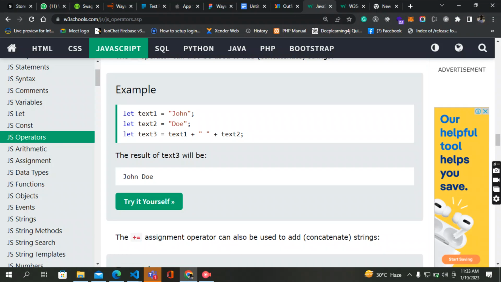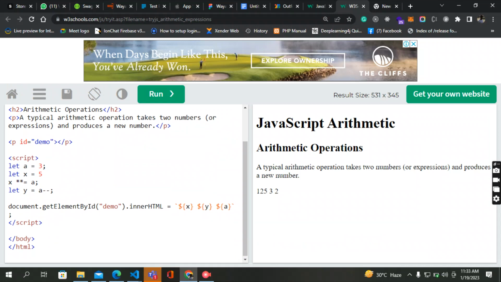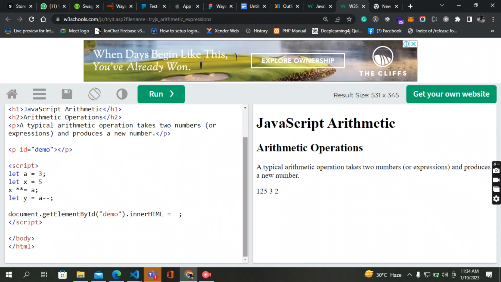Okay, so to continue with this plus sign I'm talking about, you can also use this plus sign to concatenate, that is to join 2 or more words together. Let me take you through this simple example I did here. This is also another way of concatenating, but I use this because I don't want these numbers to be added together.